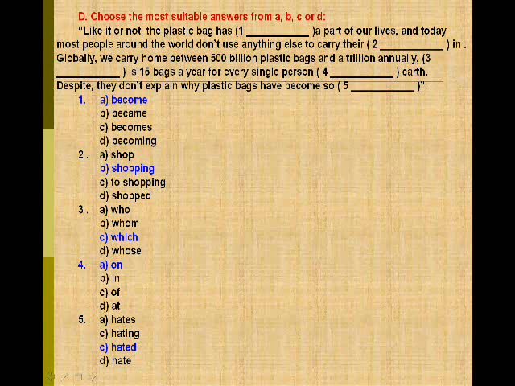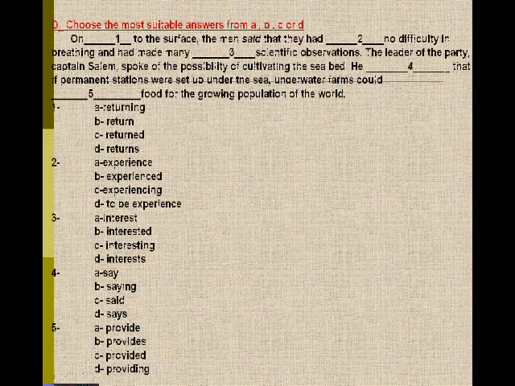So despite they don't explain why plastic bags have become so hated, okay? So this is again a kind of multiple choice, but in the form of a small paragraph where you have some spaces and then you choose the correct answer. You have 4 options and so on. Let's have a look at another sample.